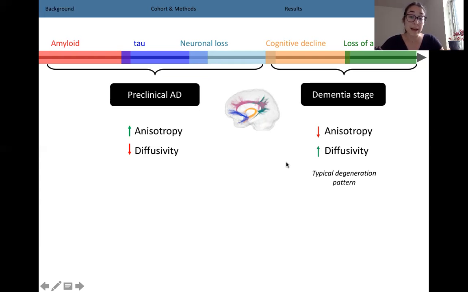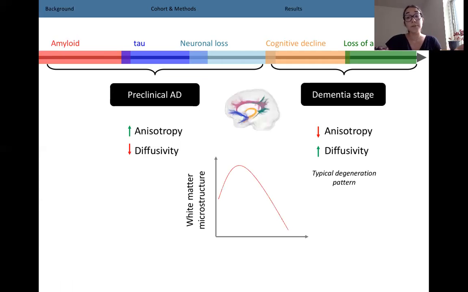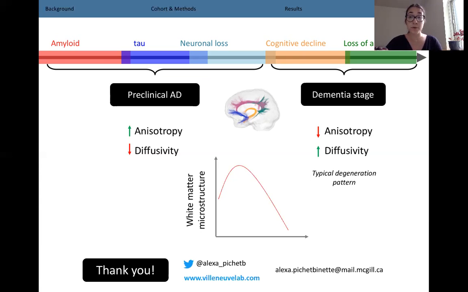So I think this highlights that there is possibly different mechanisms at play between the early stage of the disease and the late stages. And focusing specifically on this preclinical population can thus help us understand better the early pathogenesis of the disease.